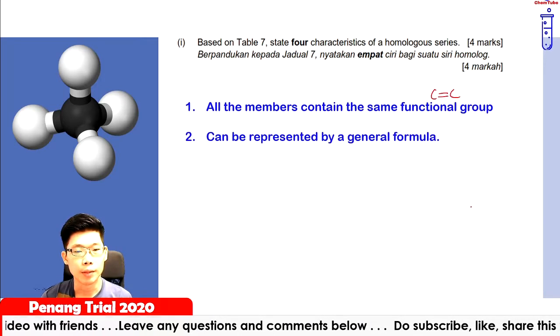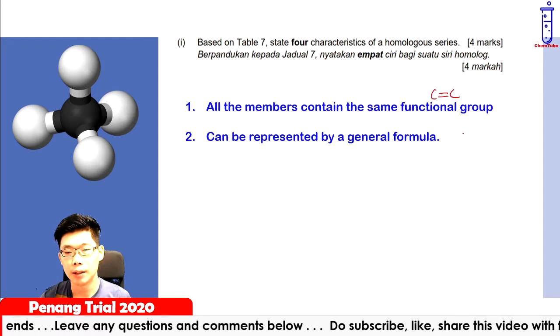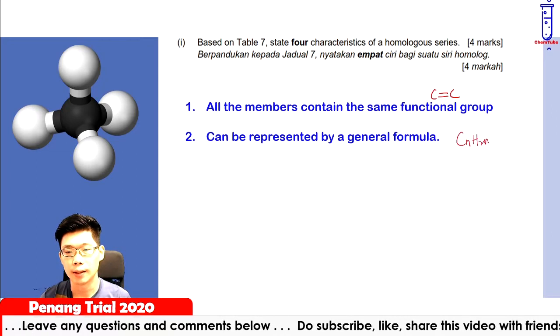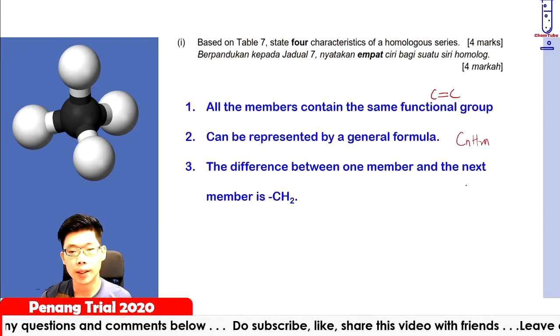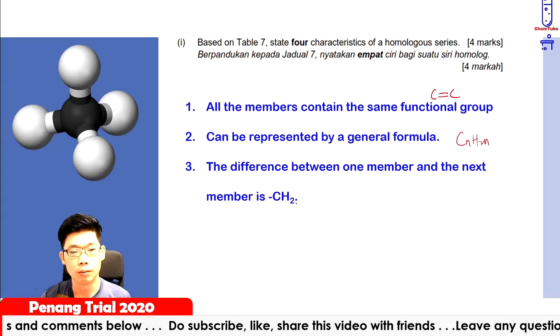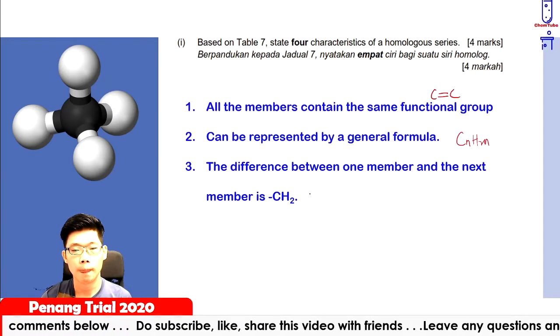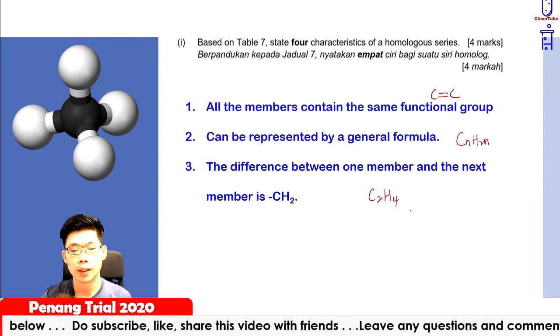Number 2, it can be represented by a general formula. For example, in the alkene, it will be CnH2n. Then number 3, the difference between one member and the next member is CH2. For example, the first member is C2H4, which is ethene.